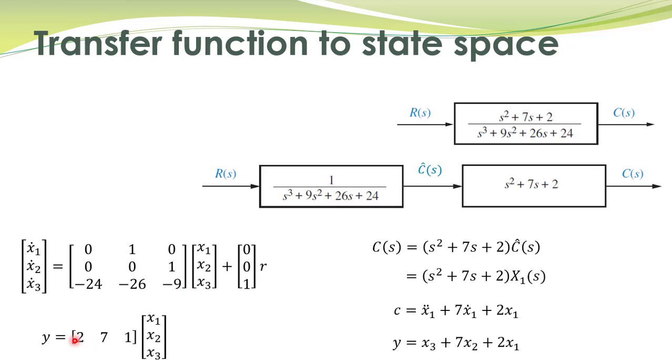And what about the output equation? This output equation is changed. Here again you see the same coefficients 2, 7 and 1 written in reverse order. So this is how we can convert transfer functions into state equations.